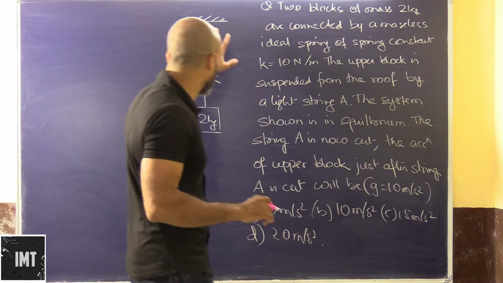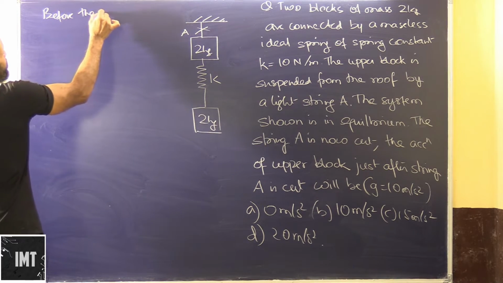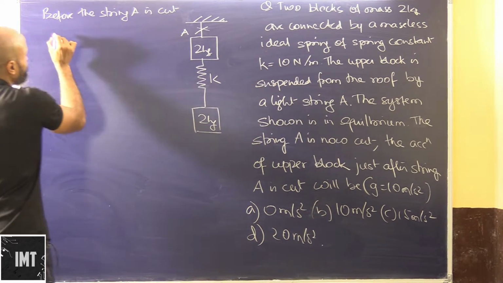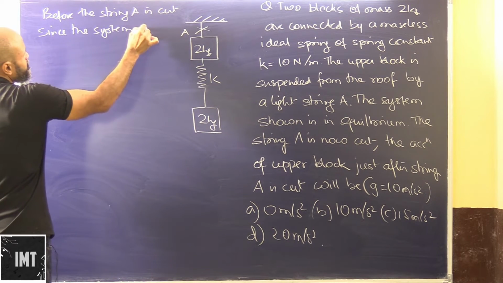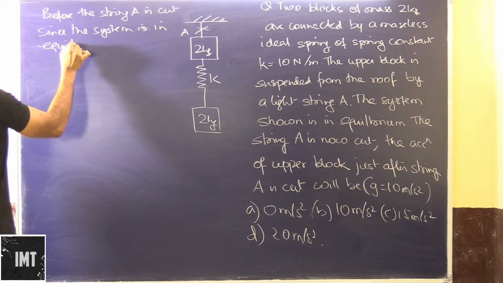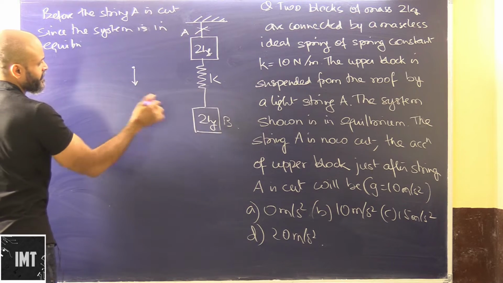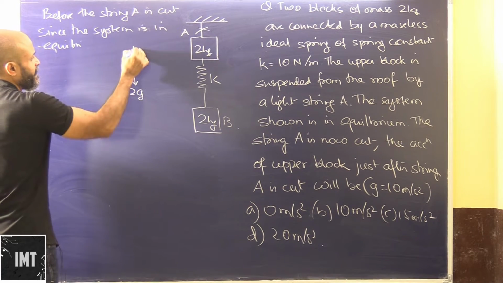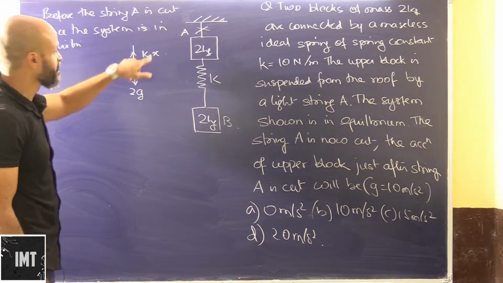So let's look at the system before the string is cut. Before string A is cut, since the system is in equilibrium, let's say this is part B. There is a 2g force acting downwards, and accordingly there will be a kx force acting upwards.